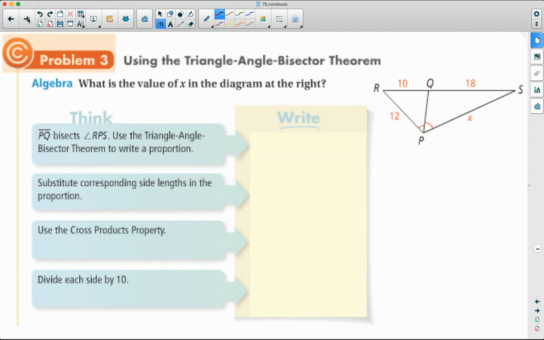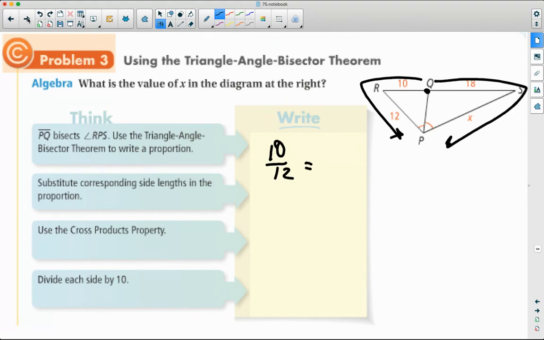The first thing I want to do, as it says, is write a proportion. So I'm going to go to where the point from the angle bisector hits, which is Q. So I'm going to have 10 over 12 is equal to 18 over x. Actually, it said do the proportion here first. That's going to be QR over RP is equal to QS over SP.